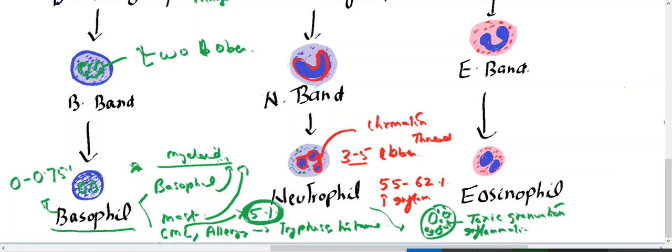And on any inflammatory condition, you will see Dohle bodies, okay? And I'm not going to go in detail about all those things, guys. Dohle bodies and toxic granulation are indicative of inflammatory conditions of neutrophils.